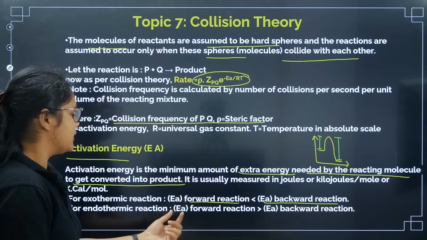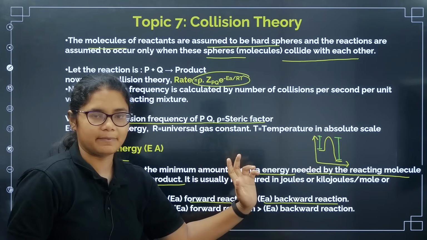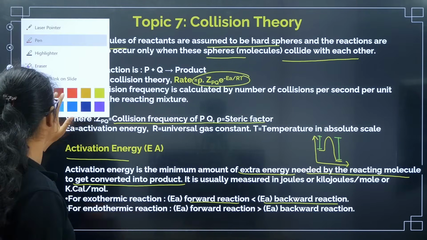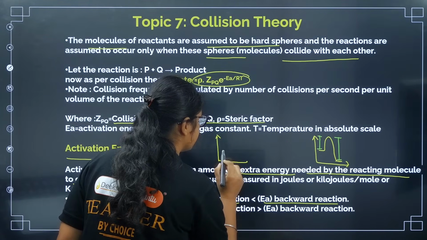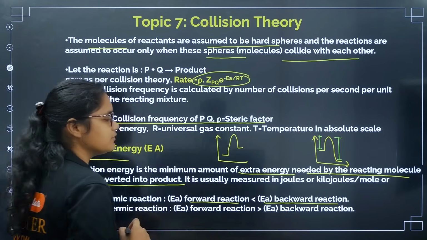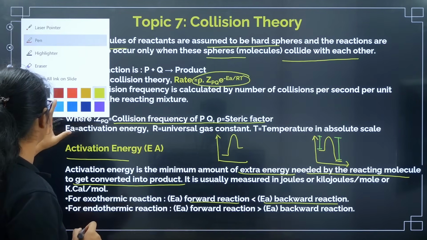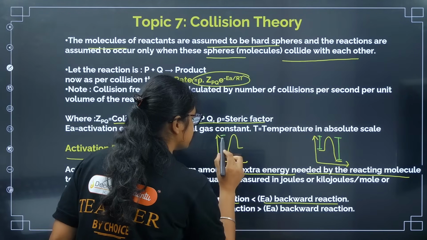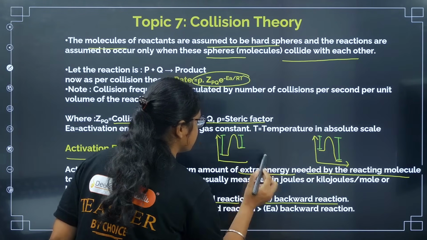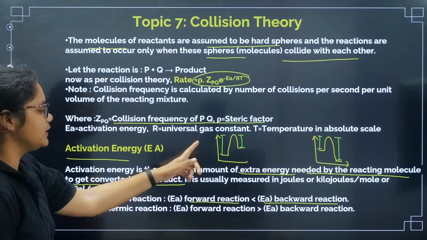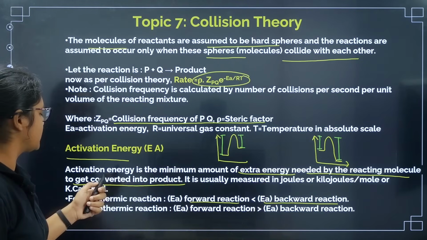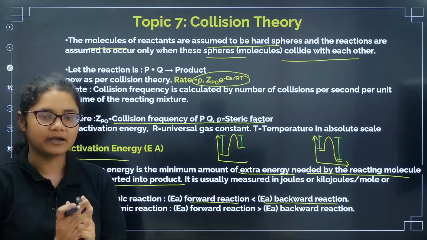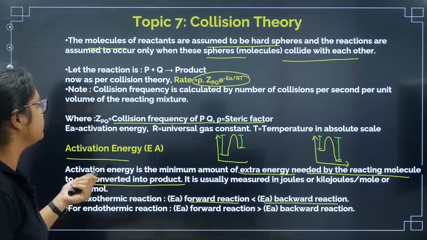So EA forward will be lesser than EA backward. Now if we have an endothermic reaction, the reaction is like this. Product energy will be more. This is the activation energy for the forward reaction, and this is the activation energy for the backward reaction. So EA forward is greater than EA backward. Questions can be asked from here also. Calculation based questions are asked. So just revise this topic.